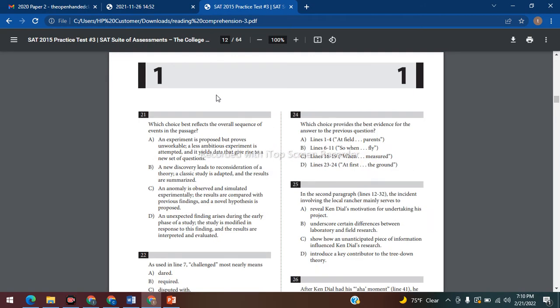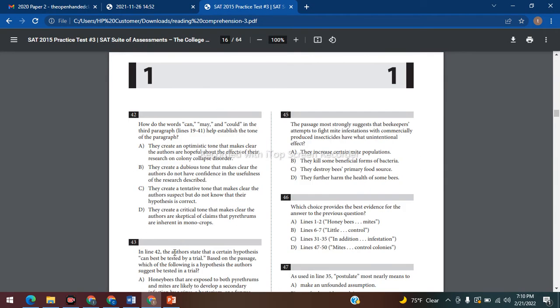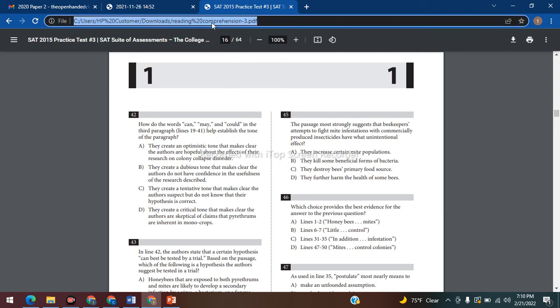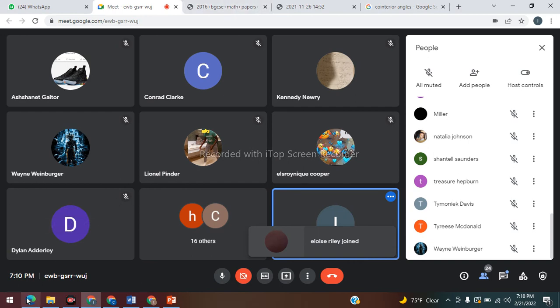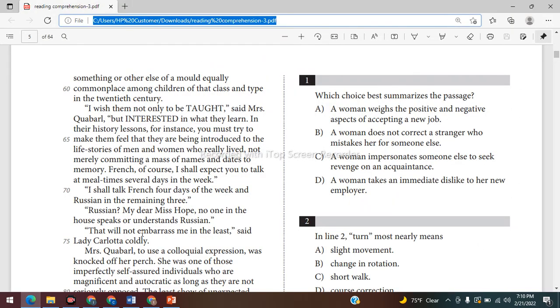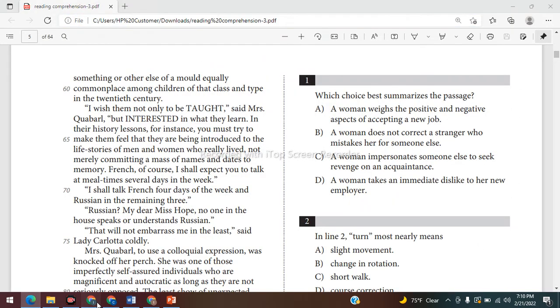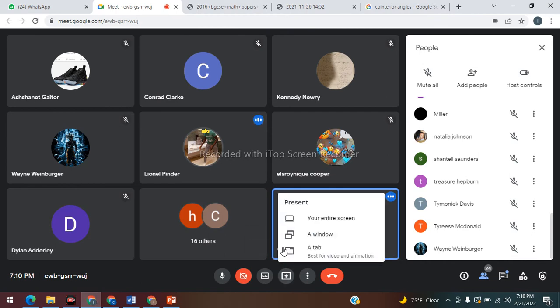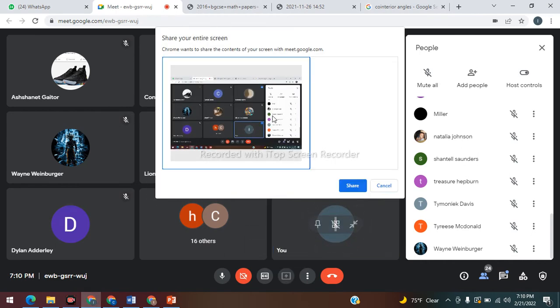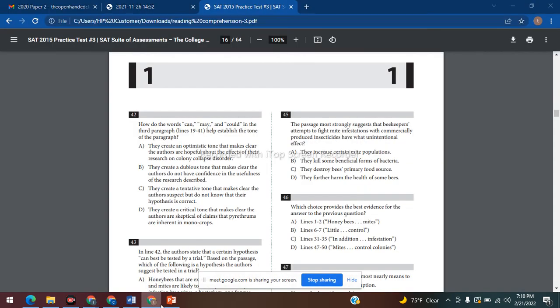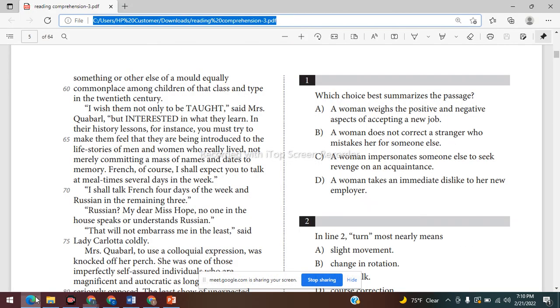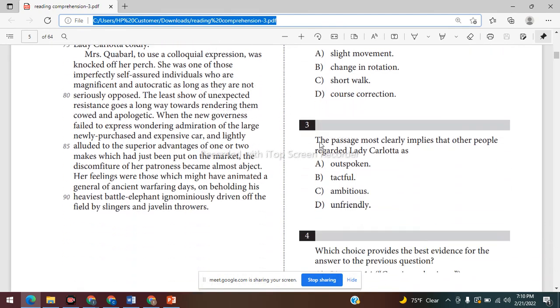Okay, so let's do this reading. Oh, we already have it up. My screen is not sharing, right? No, sir. Okay, is it sharing now?